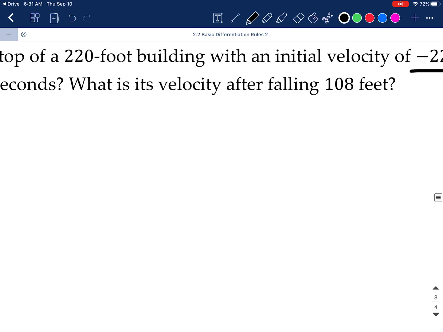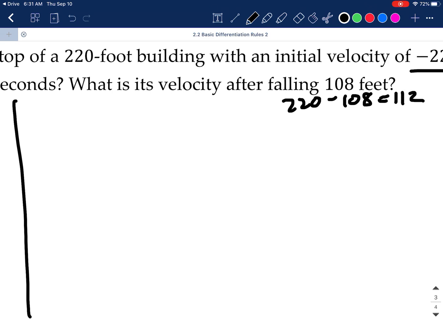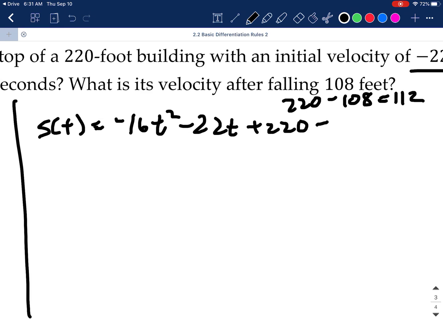So then for the second part, we want the velocity after falling 108 feet. If it's fallen 108 feet, that means our position is 220 minus 108, which is 112. So s of t equals negative 16t squared minus 22t plus 220 equals 112 is what we want to solve.